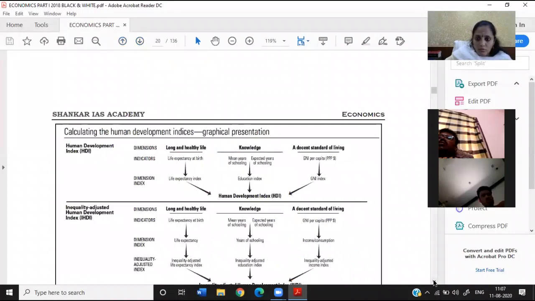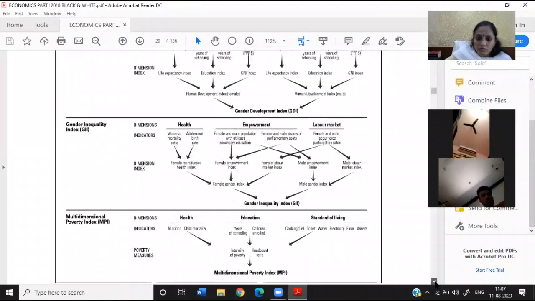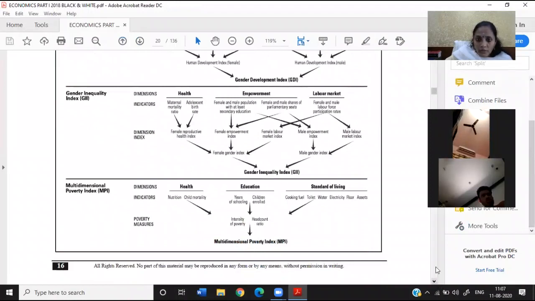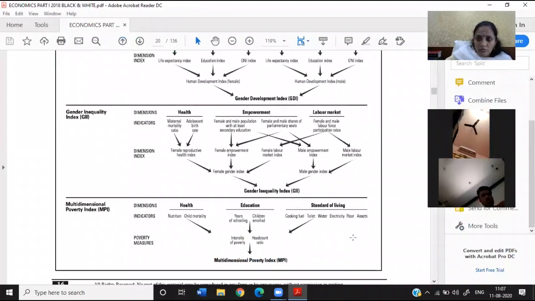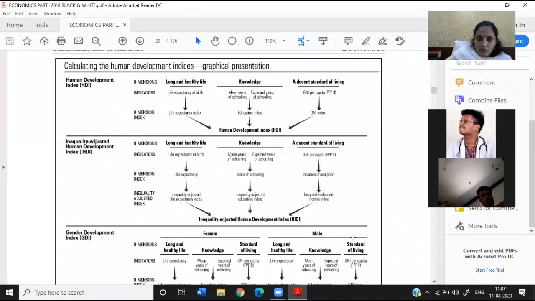What's the page number of this? You all can look at page number 16. This is the graphical presentation of all the indicators we are going to study from the Human Development Report.